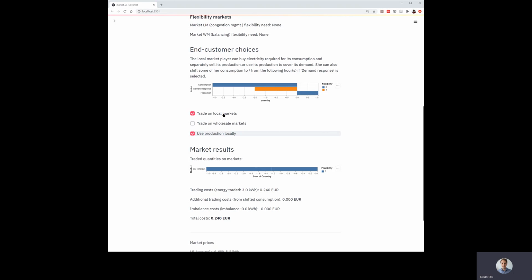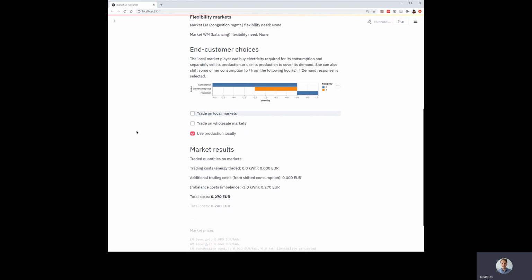And if we take this out, for example, we see that we don't purchase anything and we have 3 kilowatt hours of imbalance costs, resulting in a higher overall cost. So this was the simple case, just as an overview.